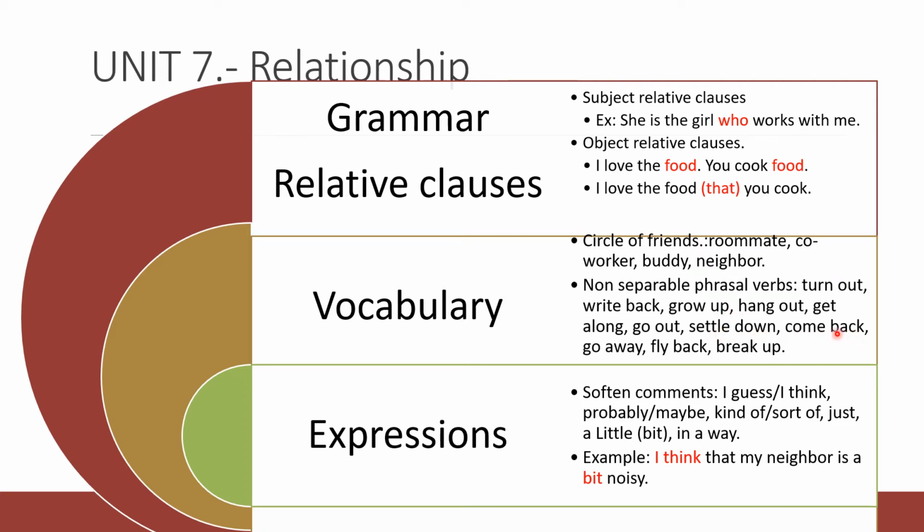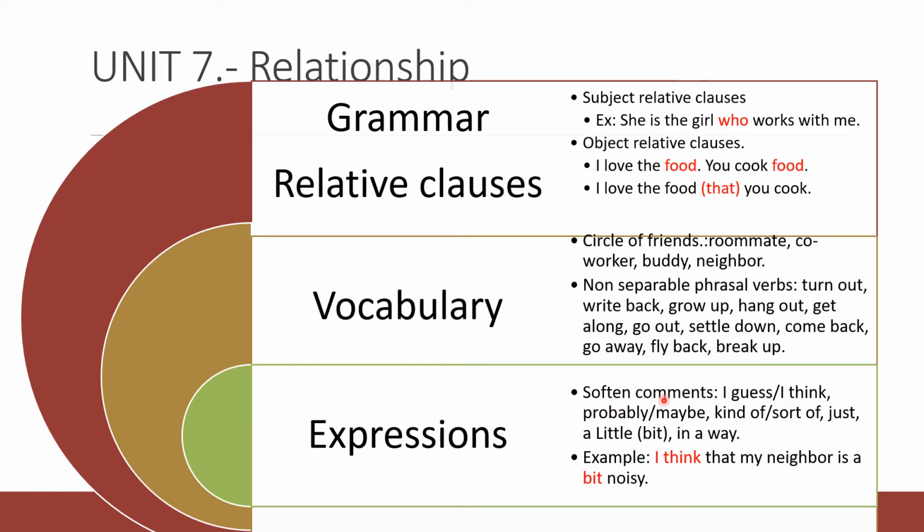Come back, means regresar. Go away, it means to go to a very far place. It can be another city, another country. Fly back, it means that you come back, but on an airplane. And break up, that means terminar una relación. In this case, a love relationship.